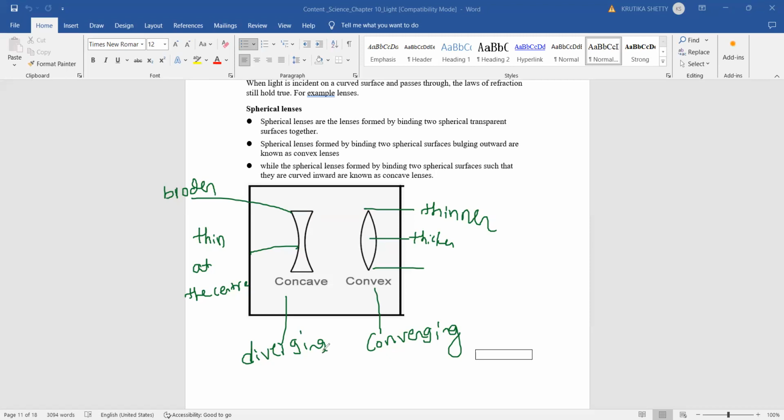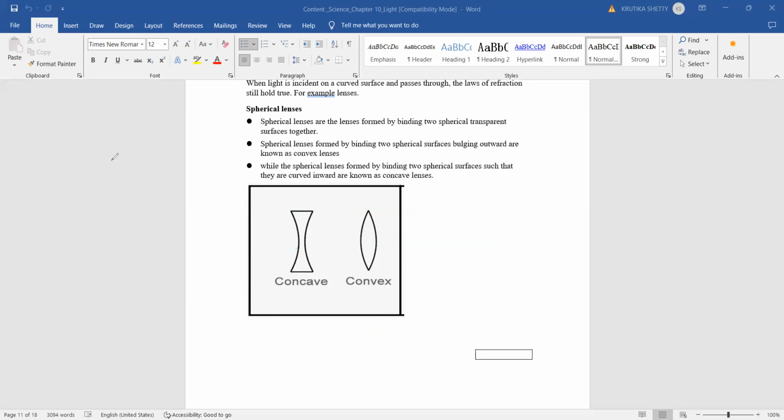There we studied the seven points like pole, center of curvature, principal axis, principal focus, then focal length, radius of curvature. Here also the same definitions are there, exactly the same. The only difference is that there our center point is called the pole, but here for the lens, the center point is called the optic center.